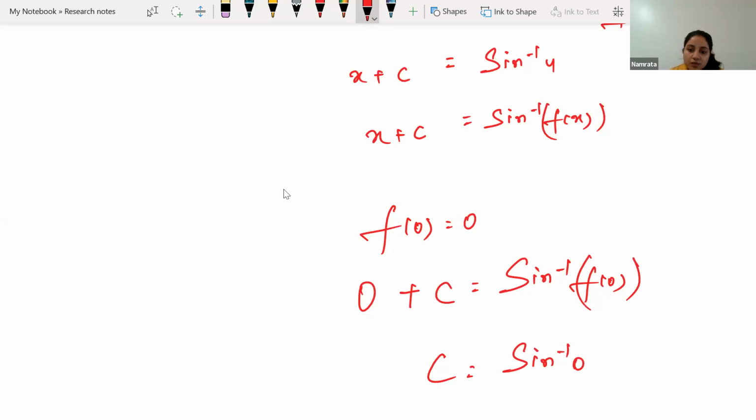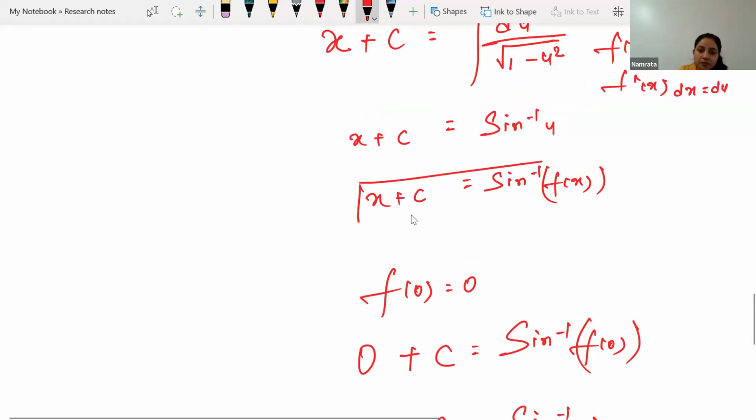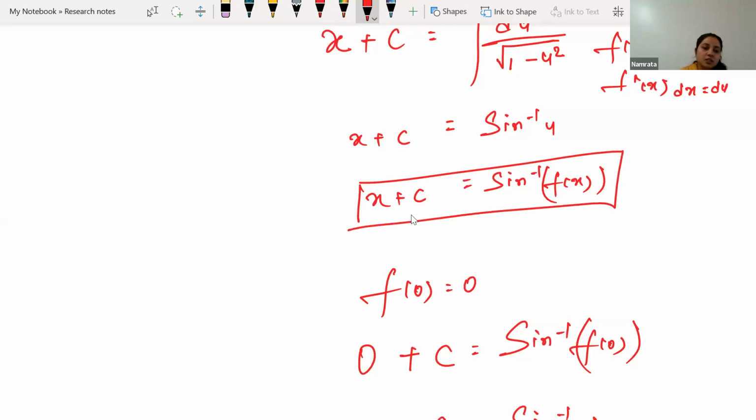Sine inverse 0 is what? 0 only, right? Yes. So we are getting c as 0, and so x equals sine inverse f of x.